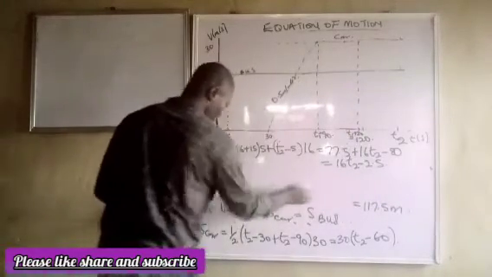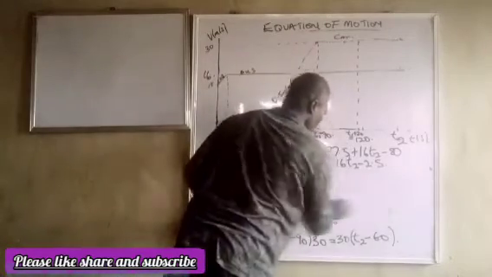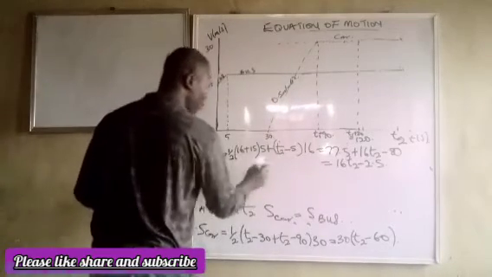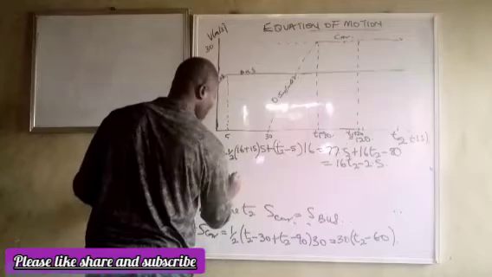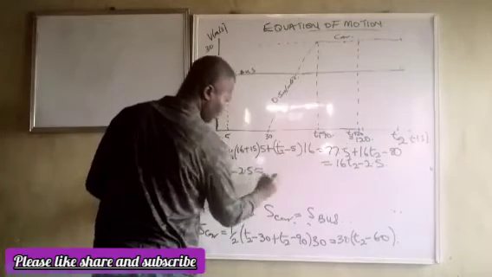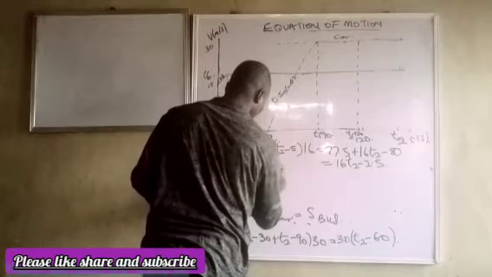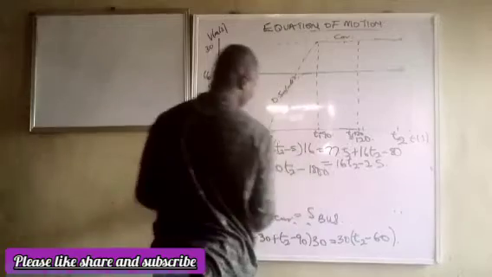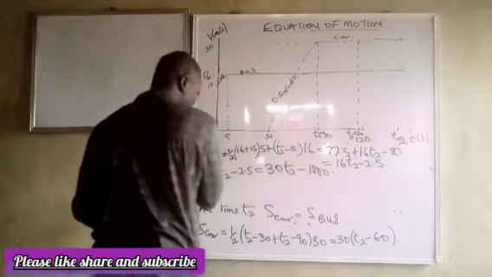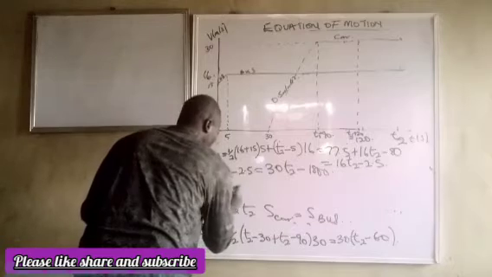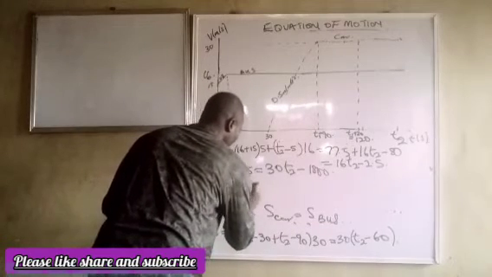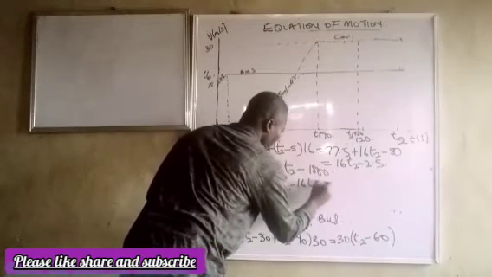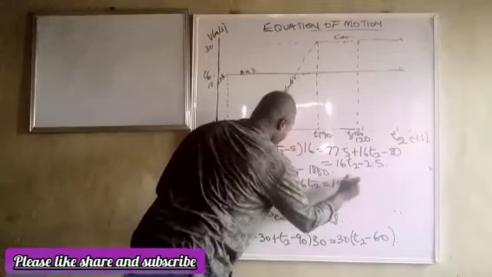And from our understanding, when the overtaking takes place, S car will be equal to S bus. Therefore, 16 t2 minus 2.5 will be equal to 30 t2 minus 1,800. So what does that give me? 1800 minus 2.5 will be equal to 30 t2 minus 16 t2, which is equal to 14 t2.